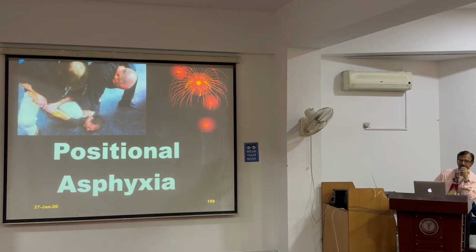Then positional asphyxia. You must have seen these pictures. The cop overpowering a person and just rotating and tilting the neck, because it interferes with the entry of air into the respiratory passages, and this is called positional asphyxia. By tilting the neck, you are kinking the trachea, you are interfering with the entry of air into the respiratory passages.